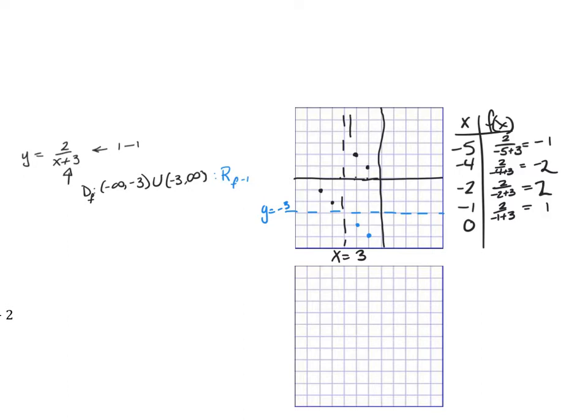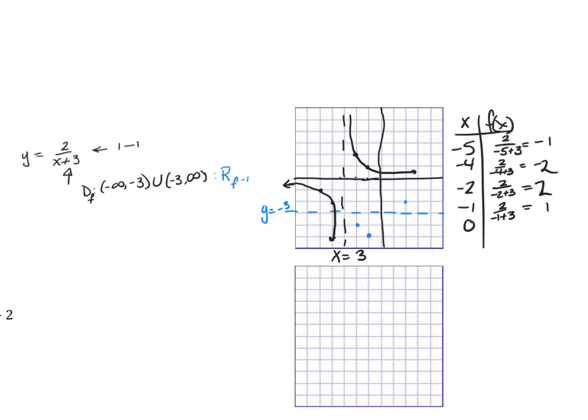And so this is what the graph of my original function looks like. It's going to look something like this. And then on my inverse function, when I put in +2, -2 came out. So +2 and -2 came out.